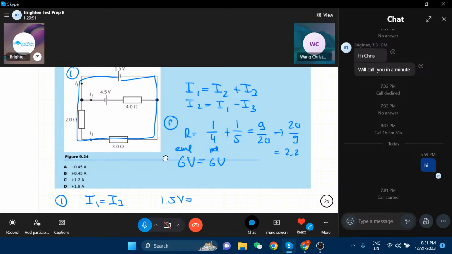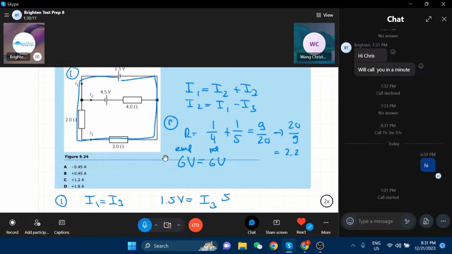So I3 can be found. I3 would be 1.5 over 5, huh? Not 5 volts, 5 ohms.